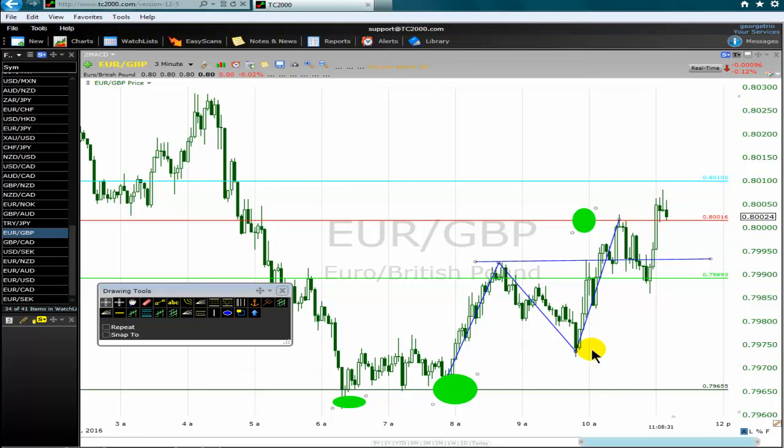So instead of moving my stop loss, I prefer to take small losses because I'm prepared to enter the trade at another key level, or if there is a chance to sell again, I want to sell again. So I will not move my stop loss. It's better to take small losses than bigger losses, isn't it?